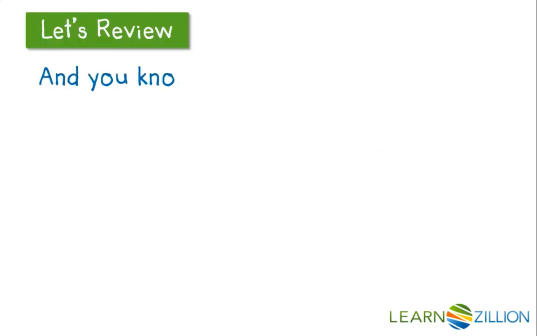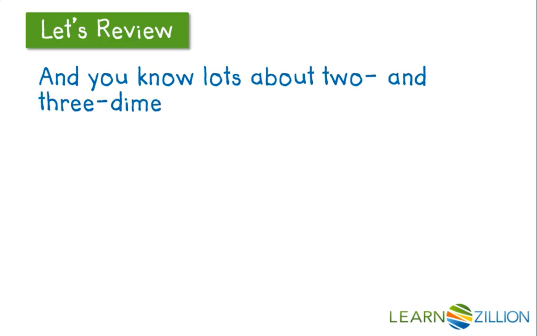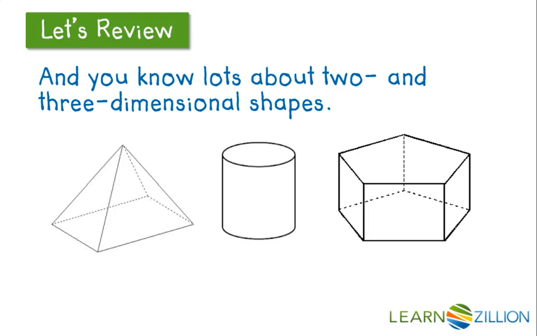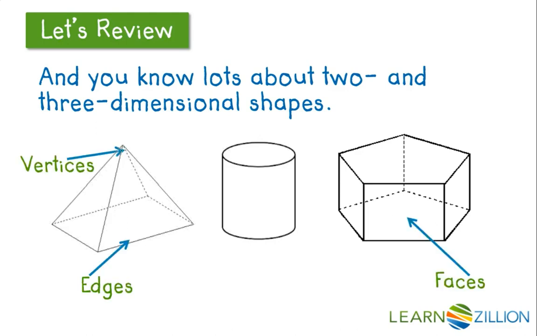You also know a lot about the differences between 2- and 3-dimensional solids. 2-dimensional shapes are flat. They have only 2 dimensions, length and width. There are many different types of 3-dimensional shapes. They have faces, edges, and vertices.